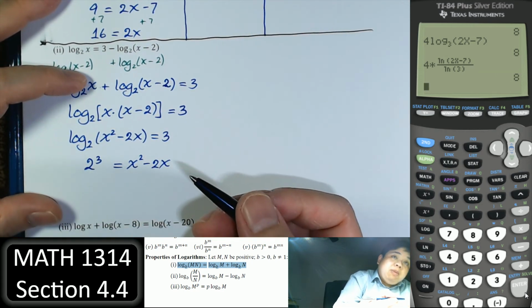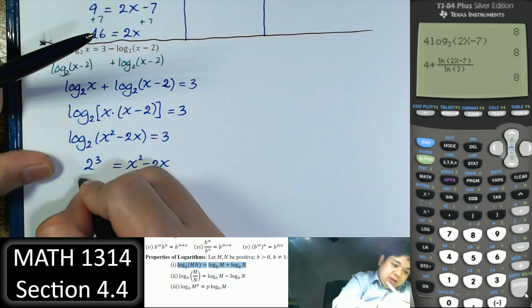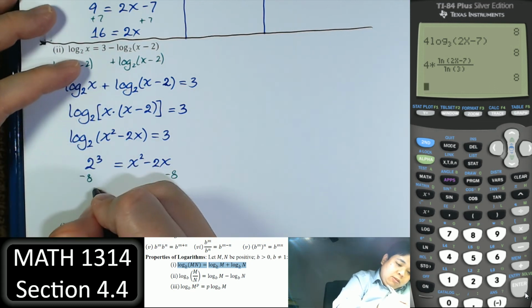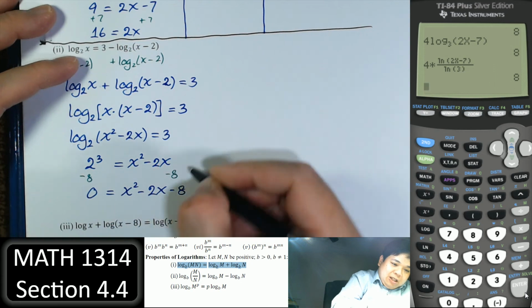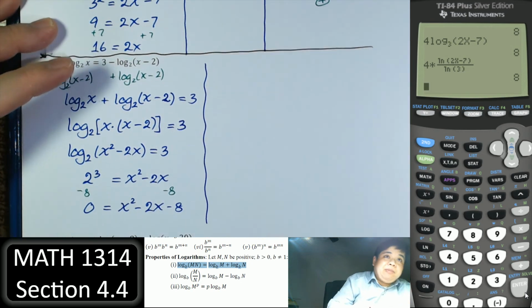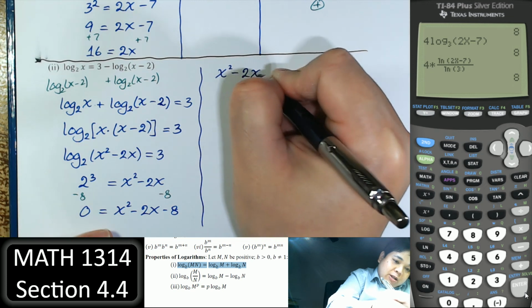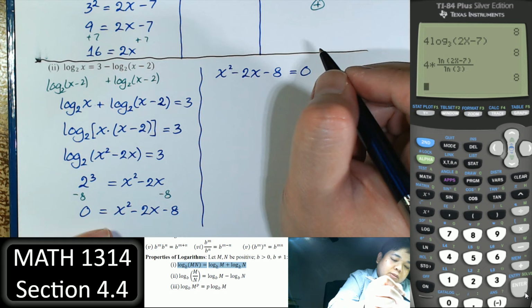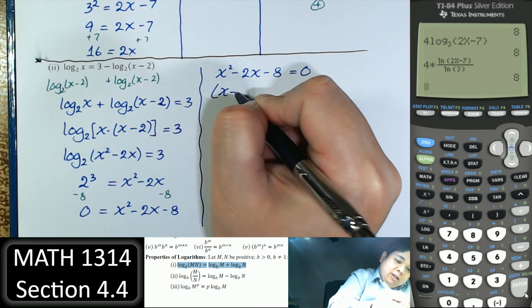2 to the third power is 8. Subtract 8 on both sides. So x squared minus 2x minus 8 equal to 0. Right, this is easy. I can just factor.